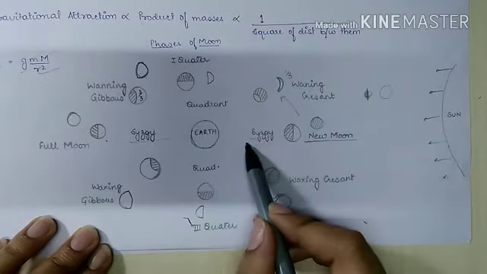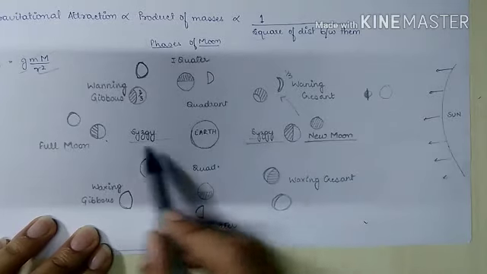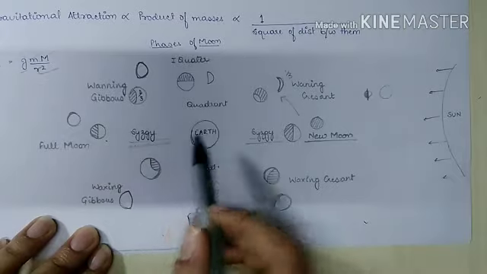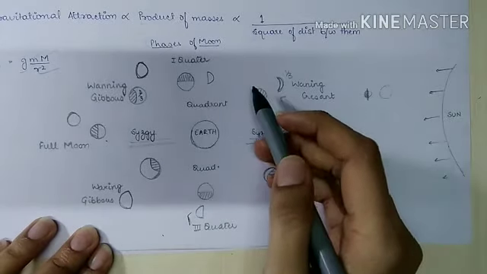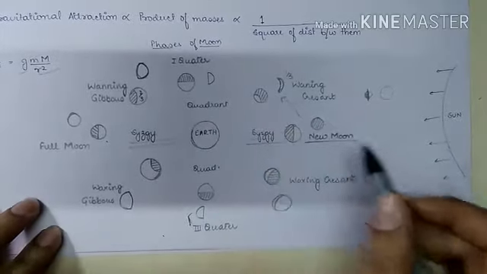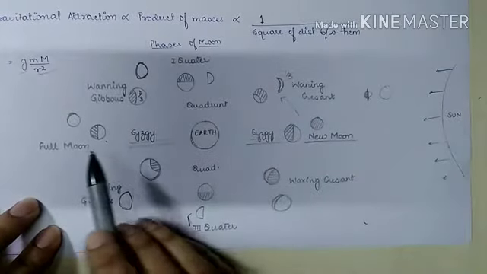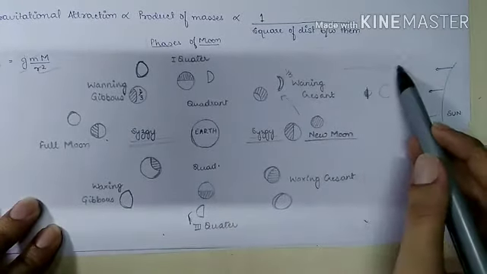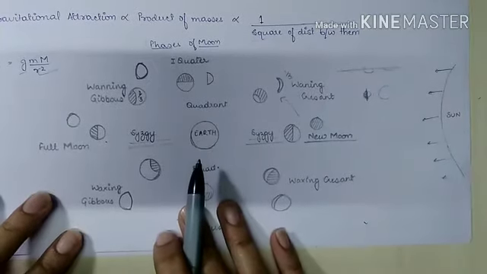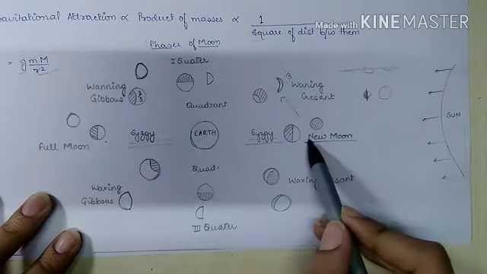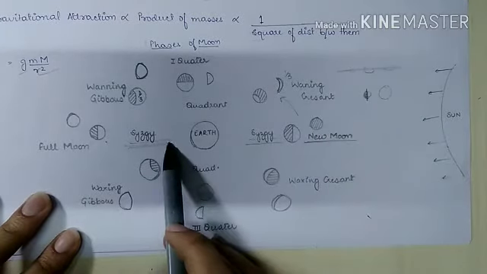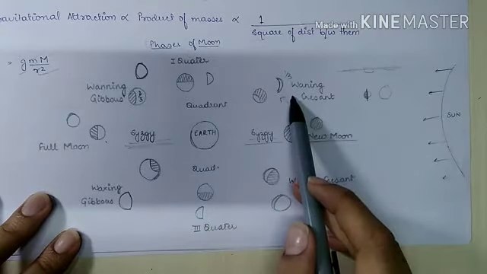The new moon occurs during syzygy and the full moon also occurs during syzygy. Syzygy is the position when the sun, moon and earth are in a straight line. So this is during syzygy and this is also during syzygy. Then we have the waning crescent.